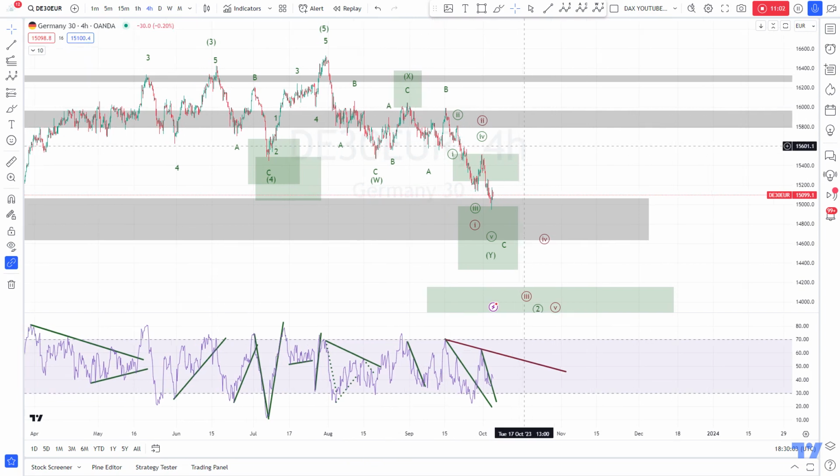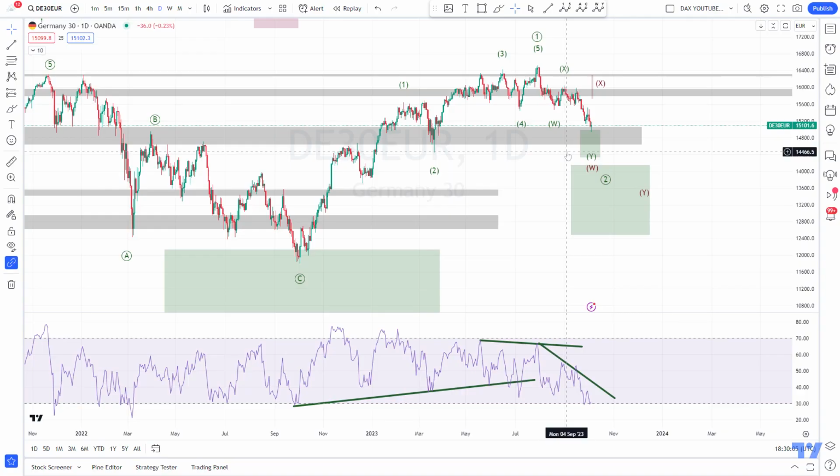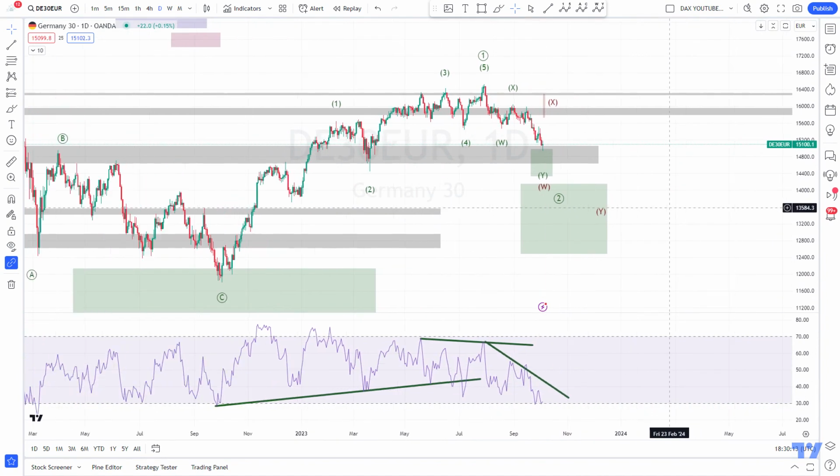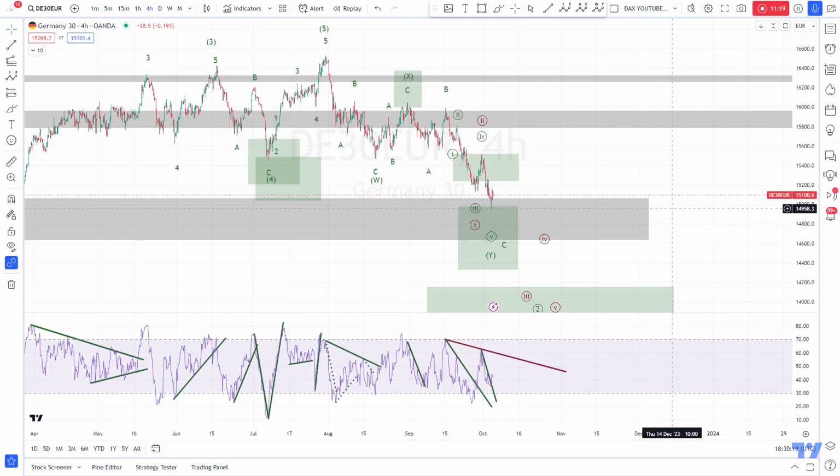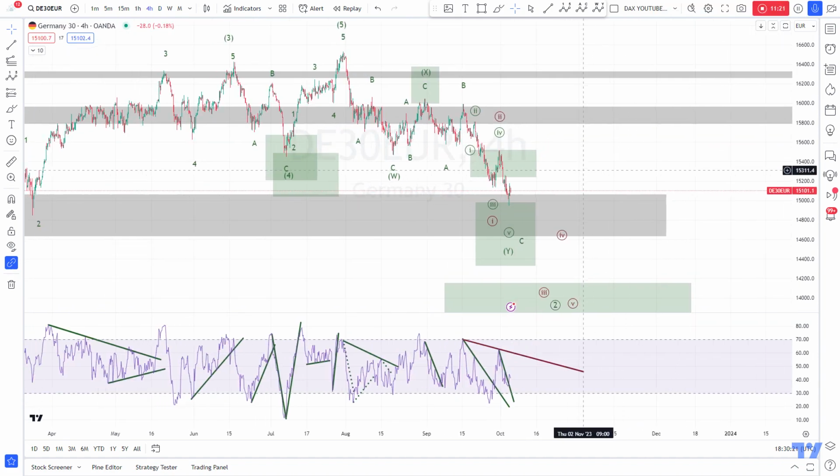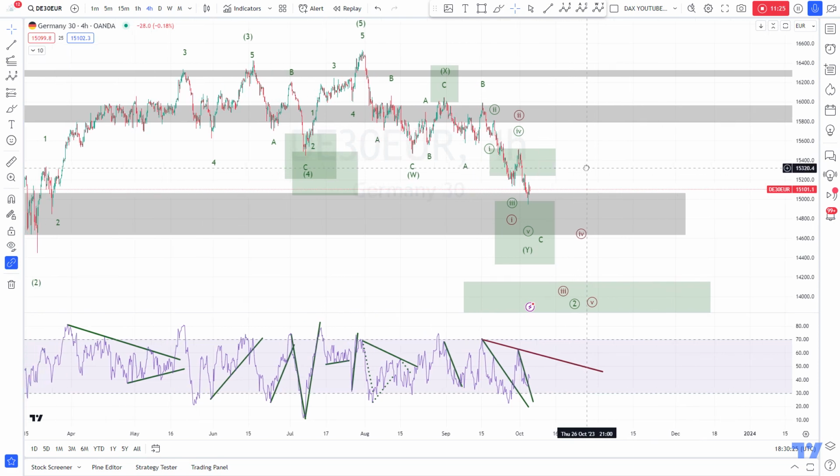So that would be a reversal sign. And then also at the daily, if we would start to break this RSI trend line here, this would also be a sign of a reversal to the upside. So for now, I'm afraid I can tell you nothing more than what I'm currently seeing.